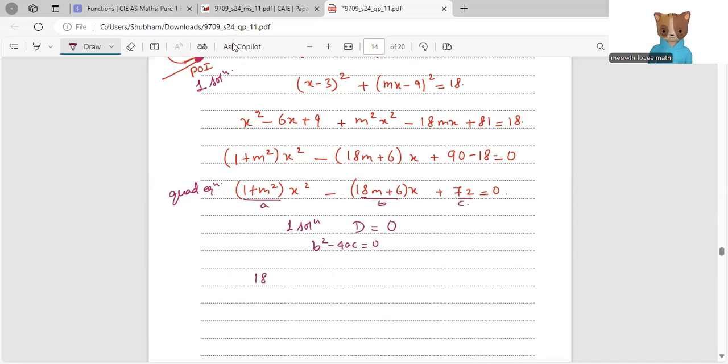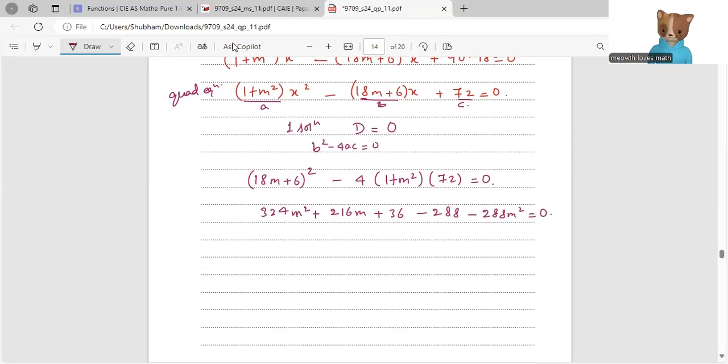Okay. So I can write (18m + 6) whole square. Now, here b is negative, so negative square is positive. Minus 4ac, (1 + m square) times 72 is equal to 0. All right. So now when you expand this, you will get 324 m square plus 216m plus 36 minus 288 minus 288 m square is equal to 0.